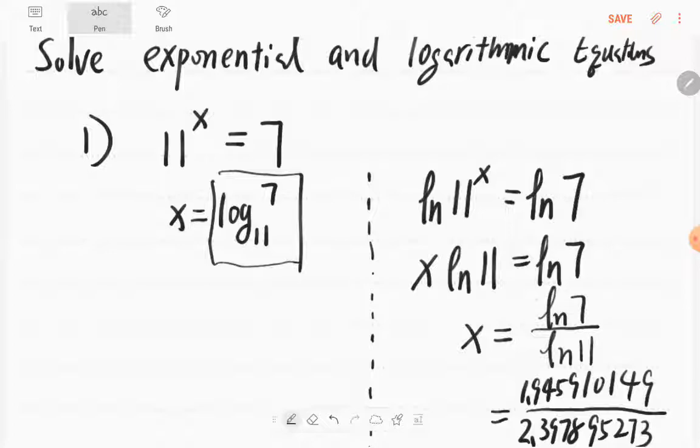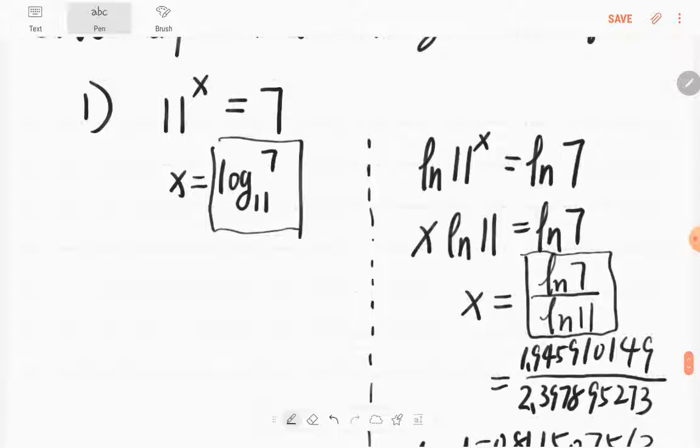But you can see that this one is the same as this one. So this is the way to compute this logarithmic function. We use the natural log to compute the logarithm for this general base.